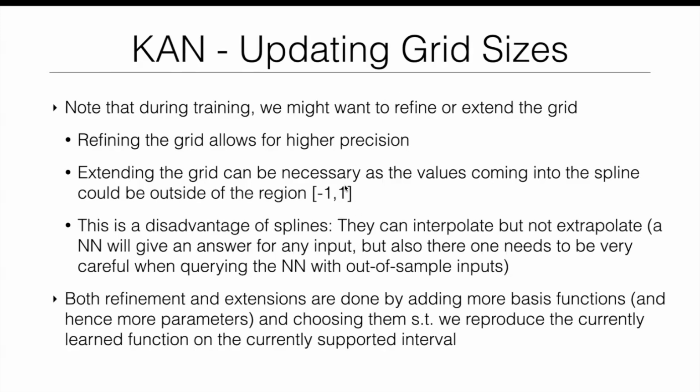The way we do this grid extension is we add new basis functions, and then we find the coefficients in front of this new set of basis functions such that on the part where it has been trained, it closely resembles the function that it has learned, but now it also has some value outside of the function's initial domain. So now I can evaluate this there and continue training, where this edge function will also return something outside of this interval.